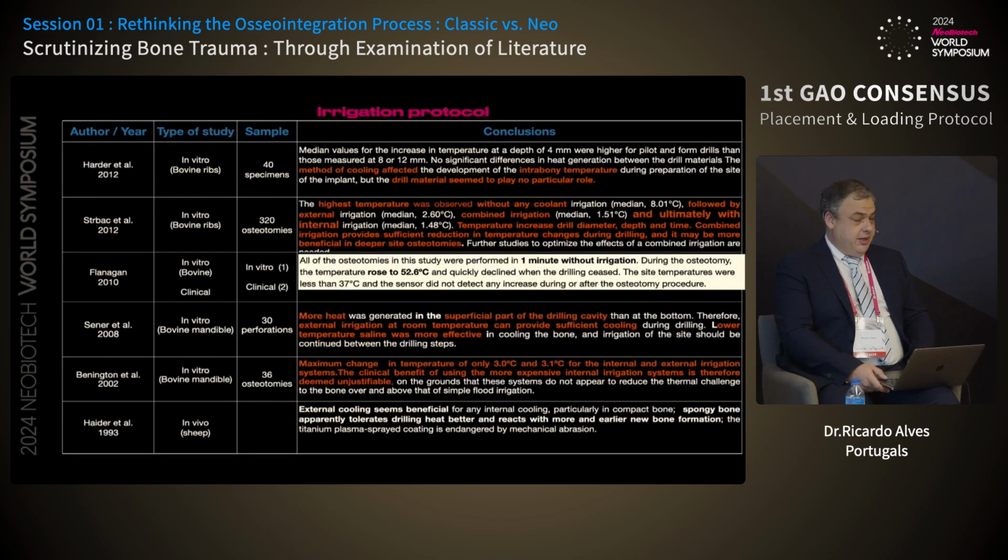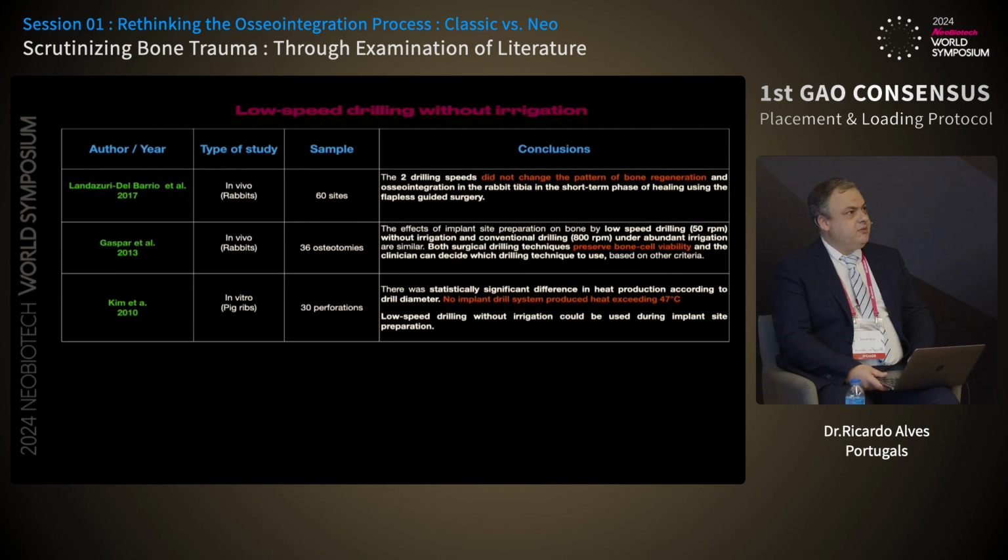But in the majority of the studies, when we use irrigation, we can maintain the temperature below the critical threshold. And irrigation seems to be one of the most important factors in temperature control, okay?